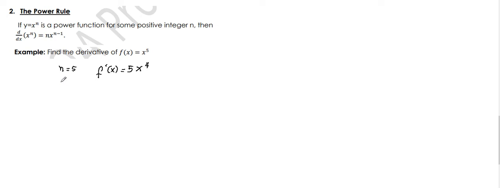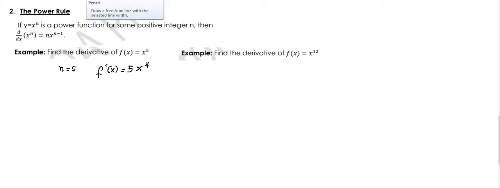Okay? Let's have another example. Alright, in this case, our n is equal to 12. So since our n is equal to 12, our derivative would become, okay, copy natin yung 12, and then copy natin yung base, and then bawasan natin ng isa yung 12 para maging power ng ating x.